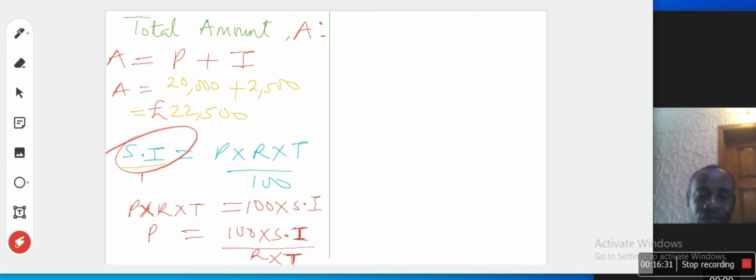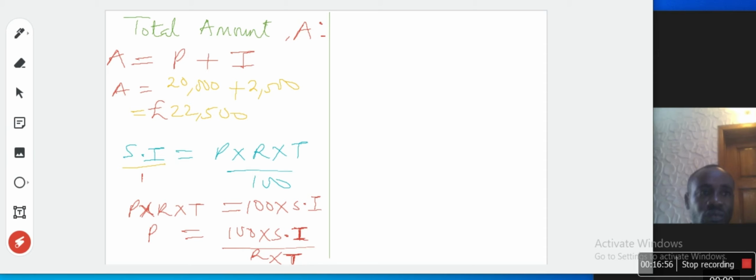Simple interest is given, time is given, rate is given. You are asked to find principal. Make principal the subject of the formula, and it's just simple cross multiplication. 100 times simple interest, that's 100 times simple interest. Principal times rate times time times 1, which is this. Now you divide both sides by rate and time. You're going to have principal equal to 100 times simple interest divided by rate times time.